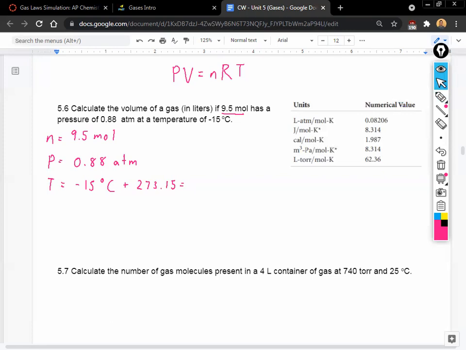I'm going to give you a minute to try to finish up this problem on your own. Try to figure out which number for R you should be using. I'll give you a minute to figure that out, and then after that we will finish up this problem together.